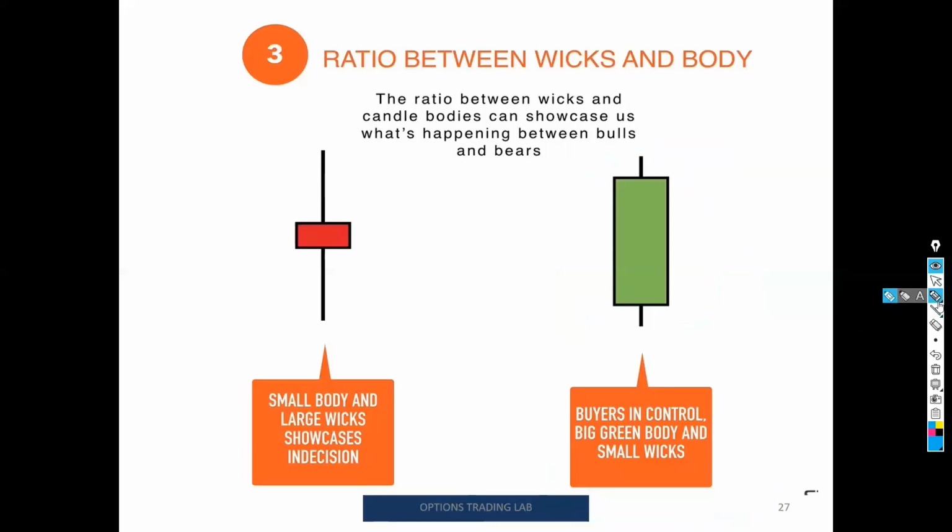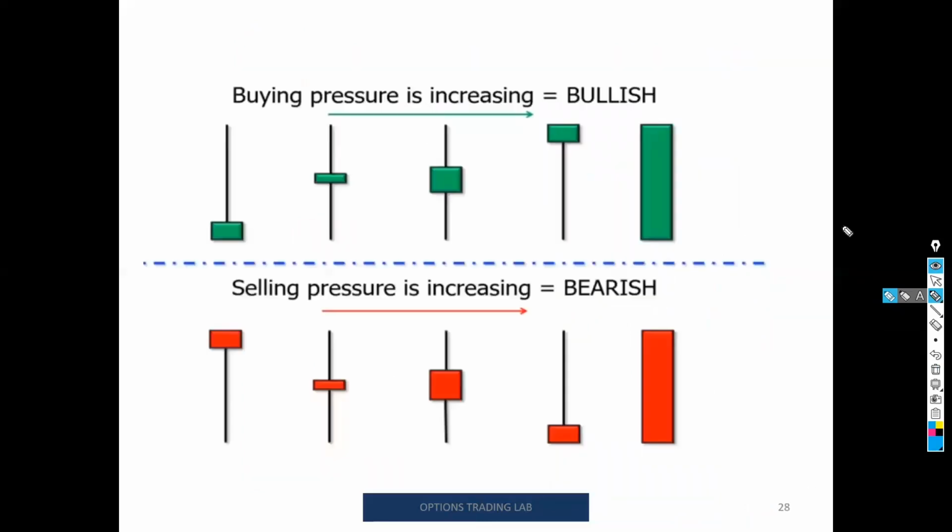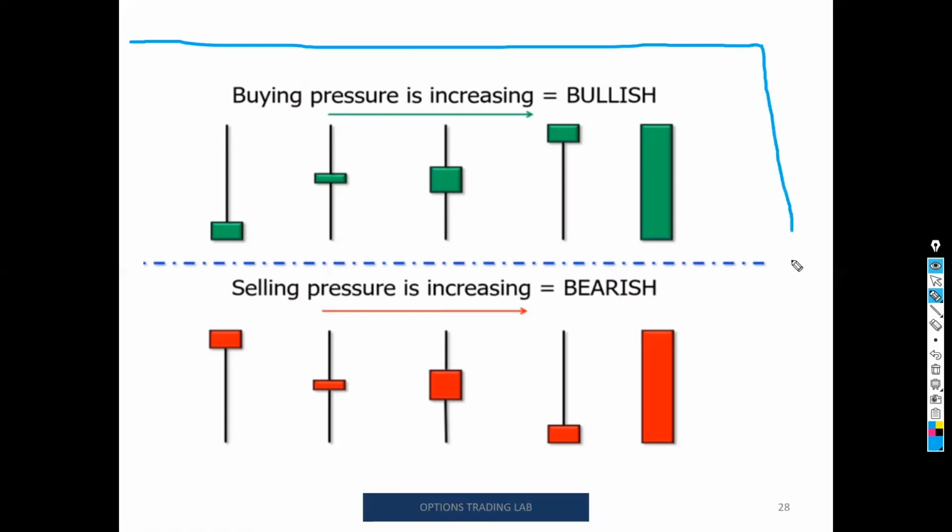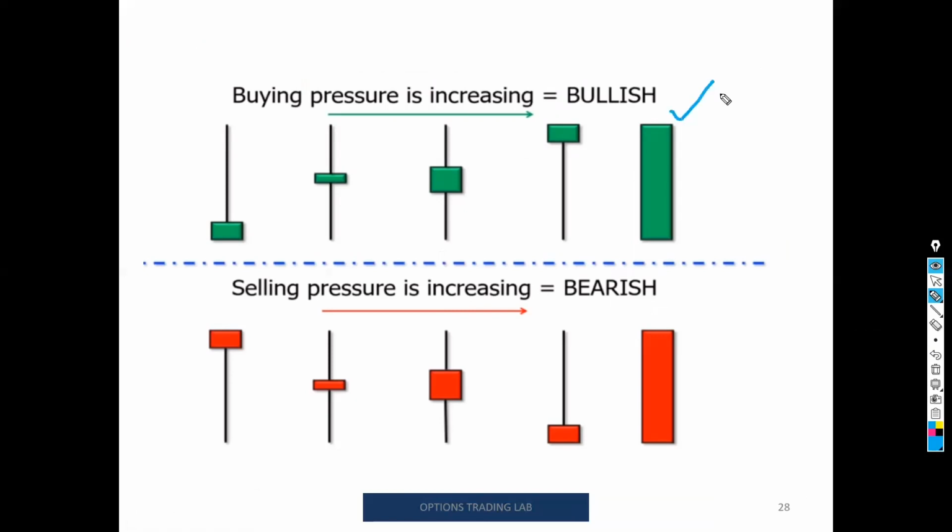A candlestick with small wicks, or a candlestick with no wicks, is the strongest of all. A big candlestick with no wicks is the strongest candlestick. Consider these bullish candlesticks only for now and see which is the strongest of all of them. Yeah, this is the strongest one. Why is this the strongest?